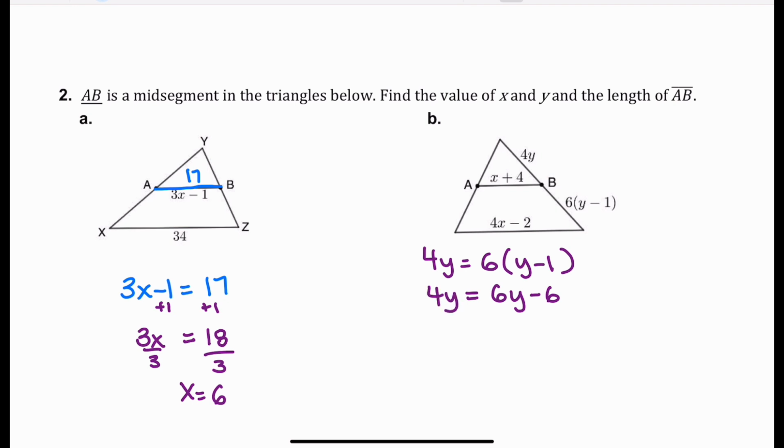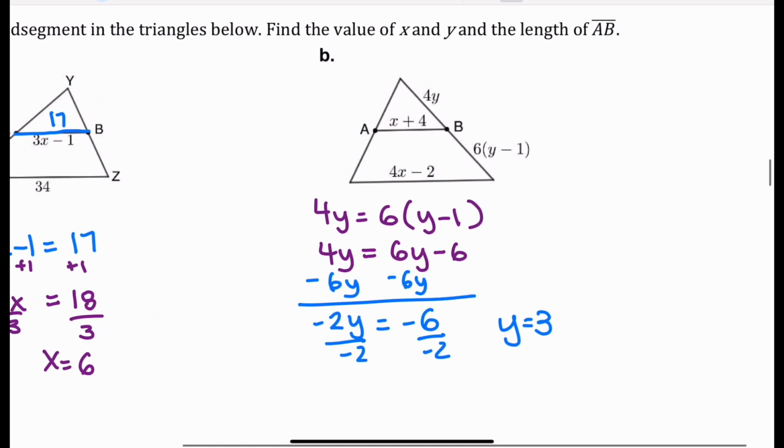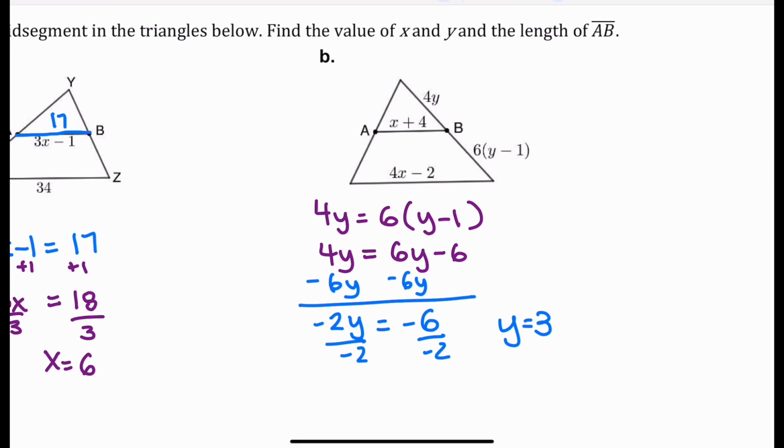Let's get y's on one side, numbers on the other. Let's minus 6y from both sides. I divide by -2. A negative divided by a negative is a positive, so y is going to have to equal 3.